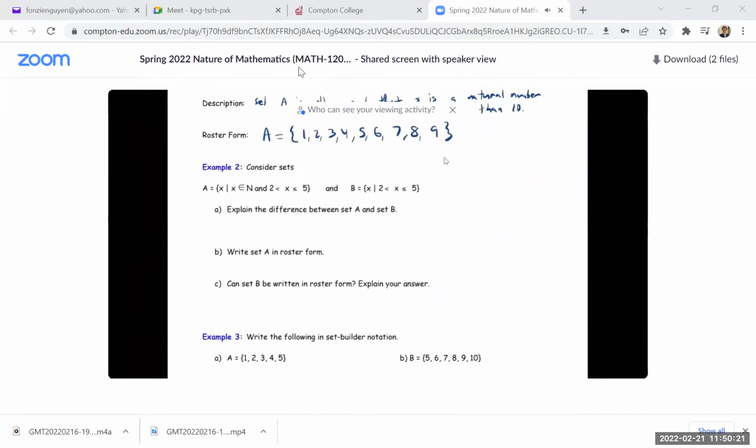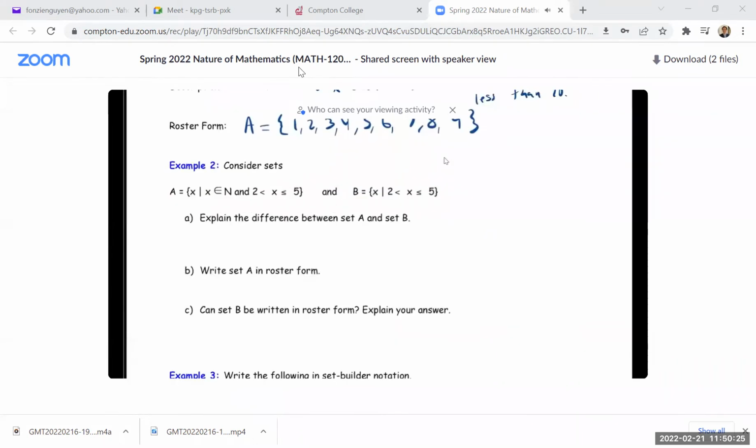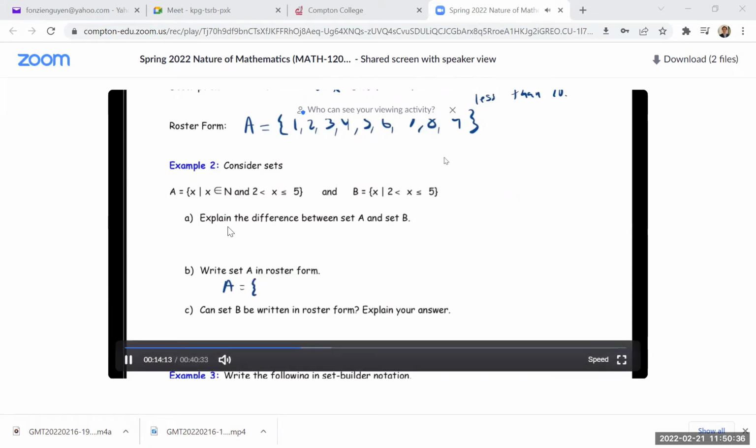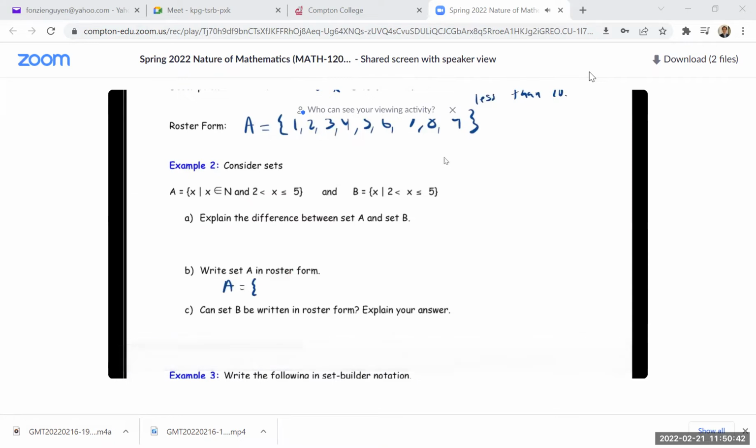So here are two more examples, set A and set B. For set A, let's write it in roster form right here. Let's do this part first. Anybody know what would be in the roster form for set A? So 3, 4, 5.